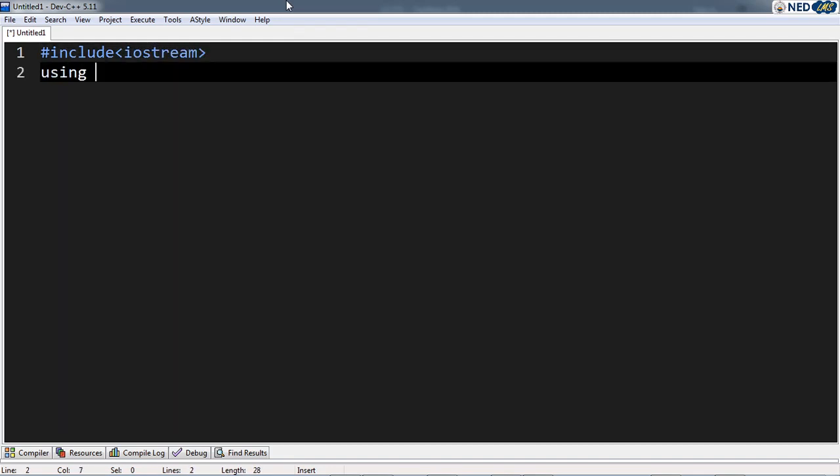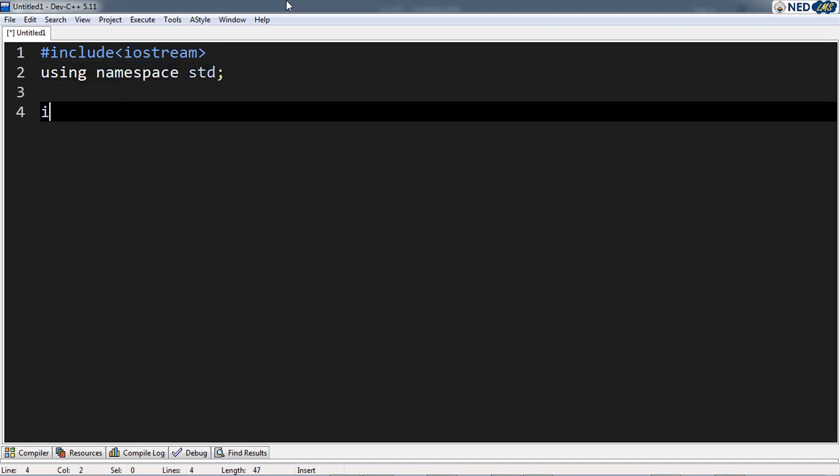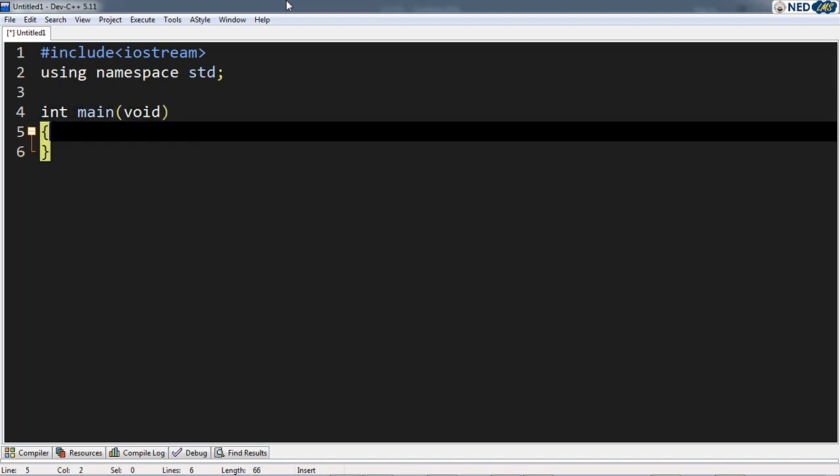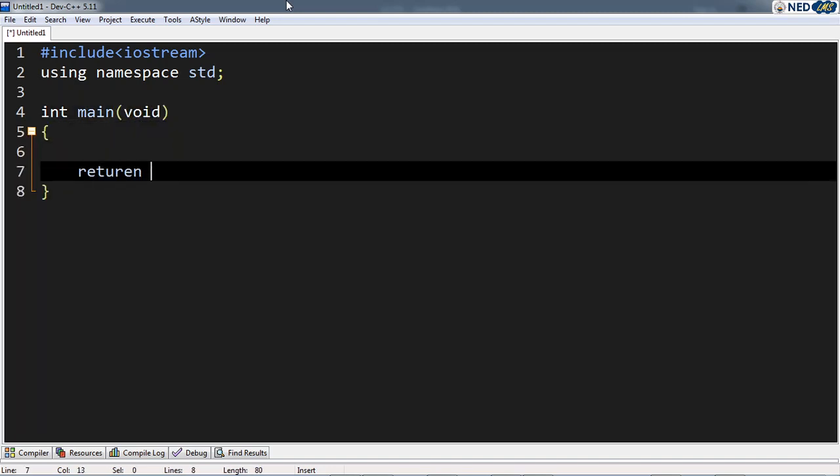First, I need to write the basic include preprocessor directive, which is iostream, and I'm going to use the standard namespace and int main void, and I'm going to write return 0.